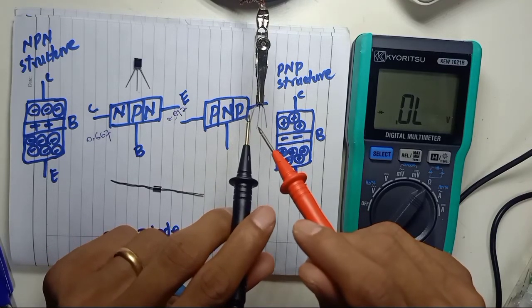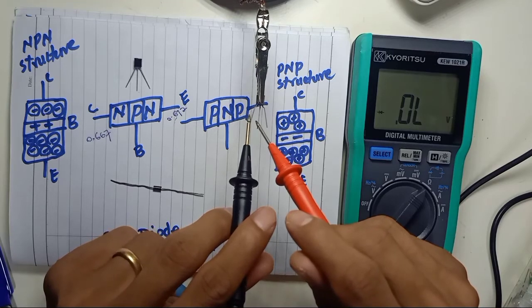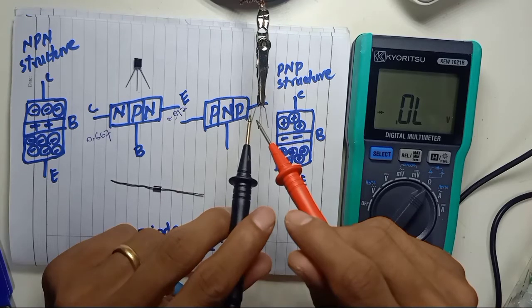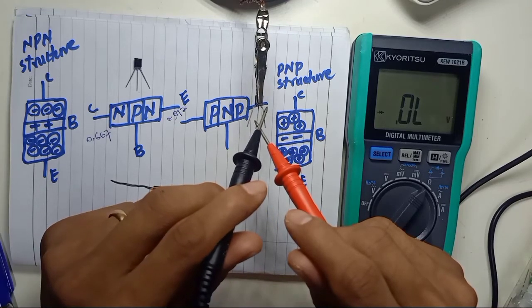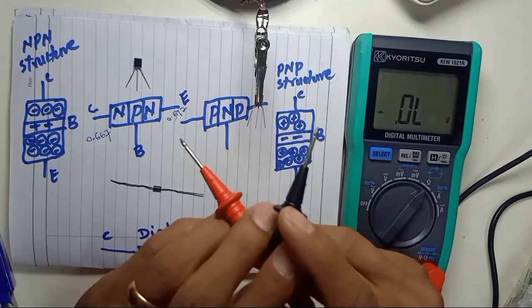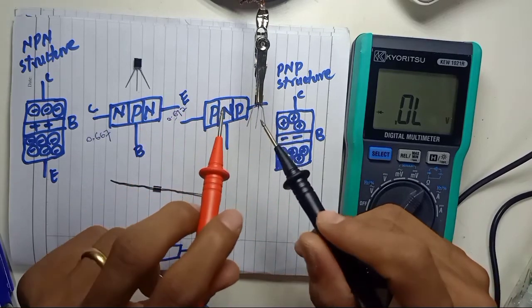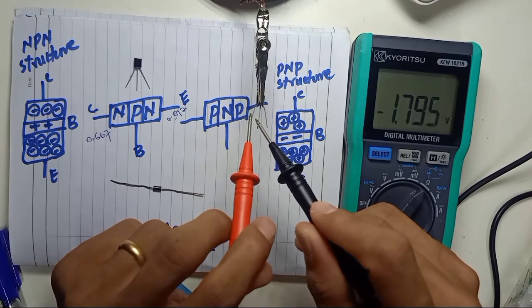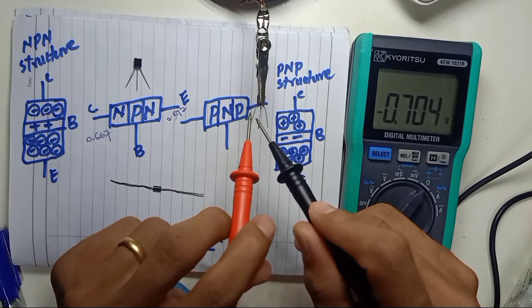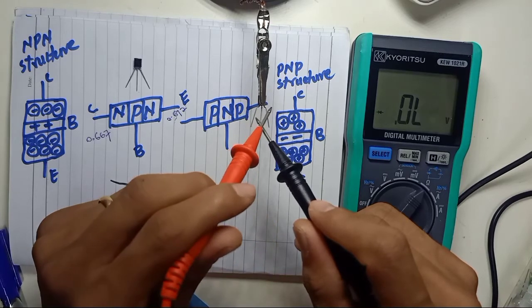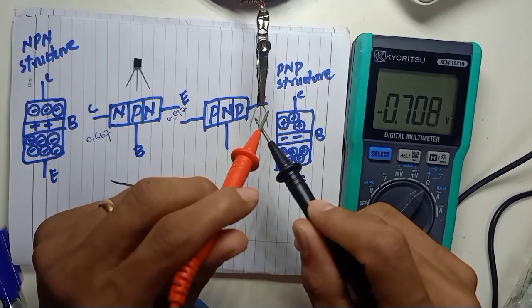The first pin you apply with the black lead, the second pin with the red lead. You didn't get any reading on the multimeter. You reverse your multimeter probes: the first pin with red, the second pin with black. So you have a reading. The first pin moved to the top pin, you have a reading.